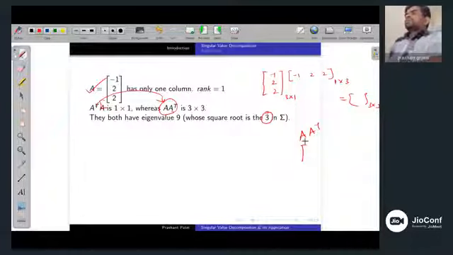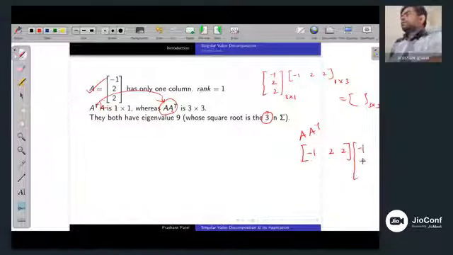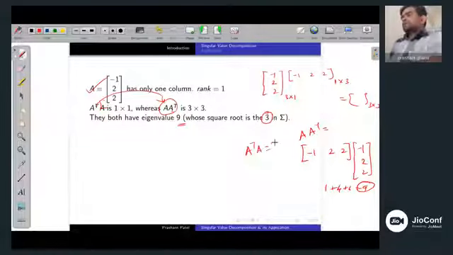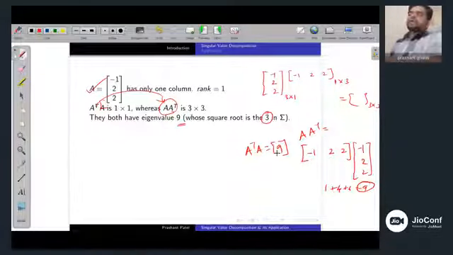Here we have the row matrix and the column matrix. If we multiply them, we get 1 plus 4 plus 4, so it is 9. That 9 is the eigenvalue, because A transpose A is the matrix 9, a 1 by 1 matrix, so the eigenvalue is 9, and the square root of that is 3.